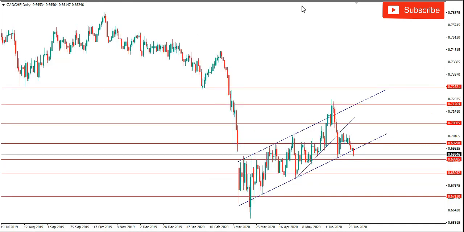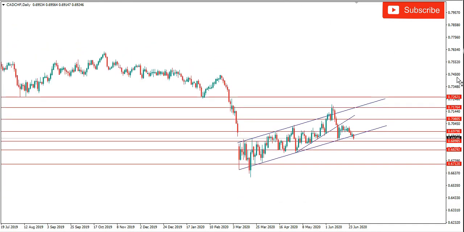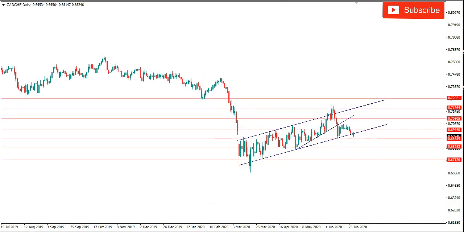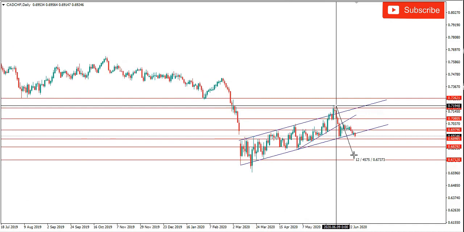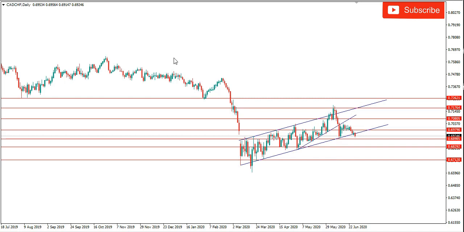So I'll zoom in a little, shrink the chart so we can get enough room. So now, 839 pips down, and this will be around, let's say somewhere around 63.